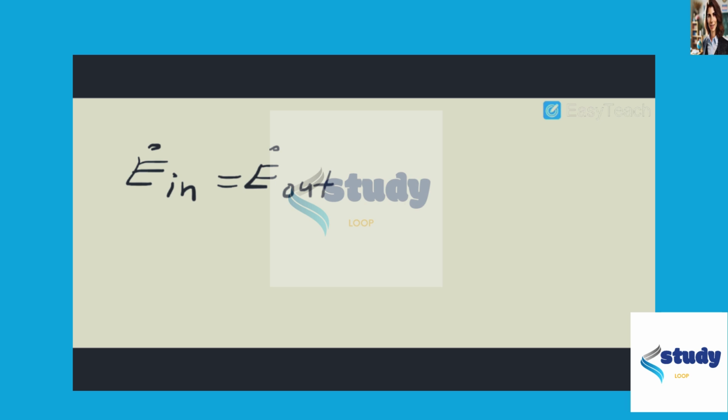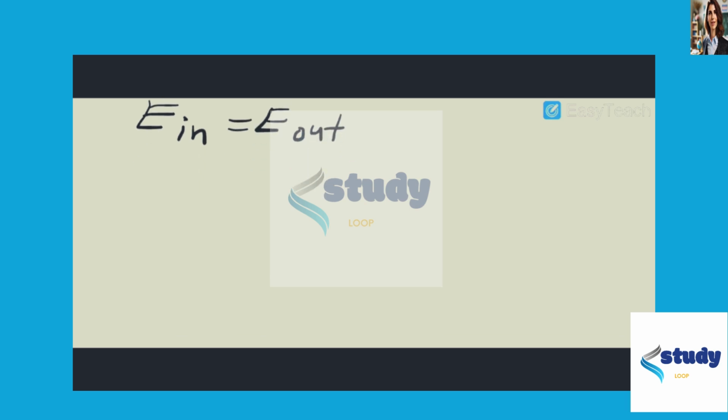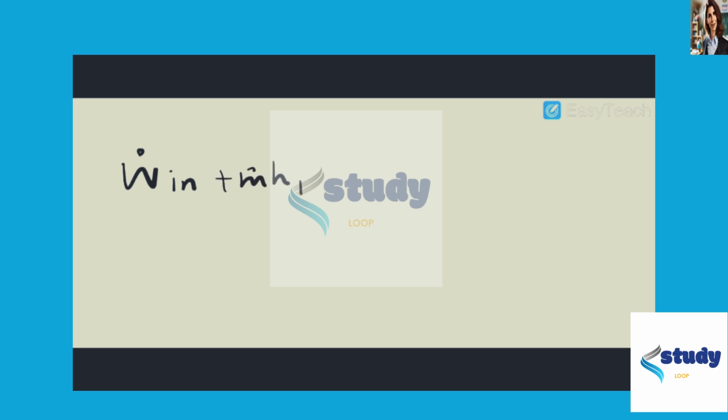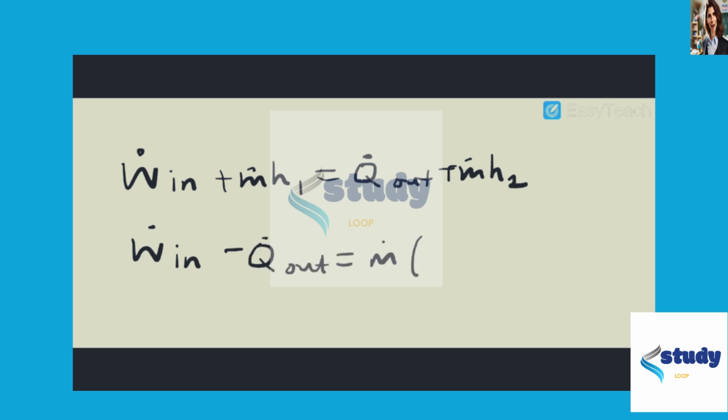We can break this out into its constituents and say that E in is equal to the work coming in, the power of the compressor, plus the incoming mass with its enthalpy, which is going to be equal to the heat that is removed plus the exiting mass with its enthalpy. So what we can say now is that work in minus Q dot out is equal to m dot times H2 minus H1.